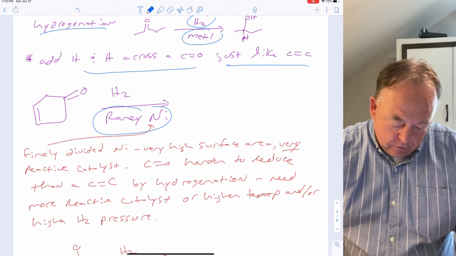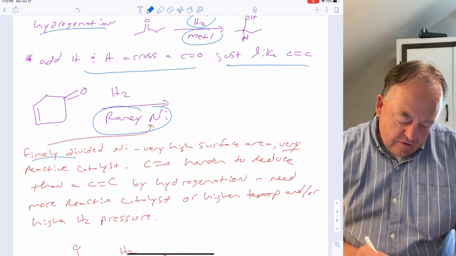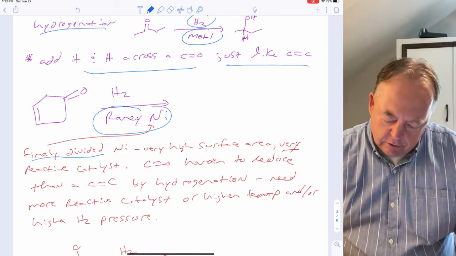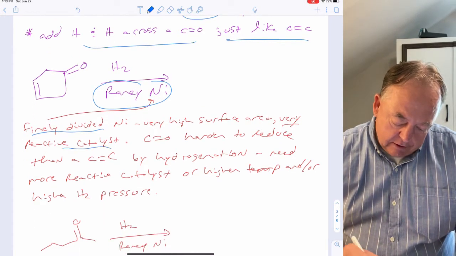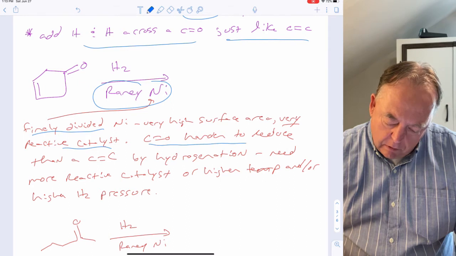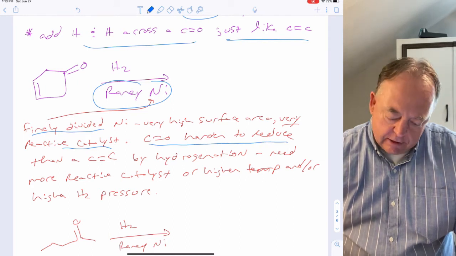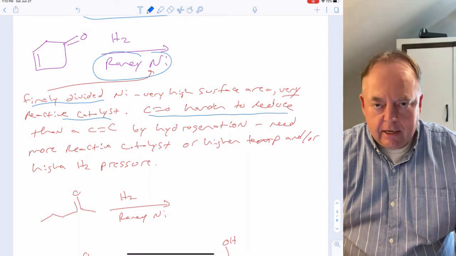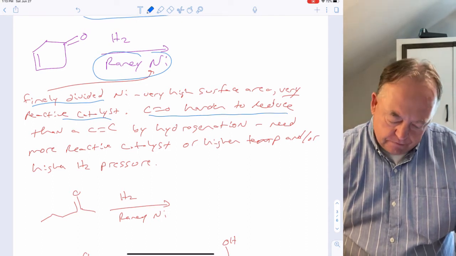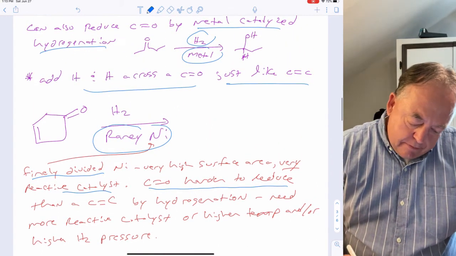So something like Raney nickel. So this is just very finely divided nickel, so it has a very high surface area, and it's a very reactive catalyst. So in general, C double bond O's are harder to reduce than C double bond C's. So you would typically either need a better catalyst or you need higher temperatures and higher pressures. But then it's the same principle.